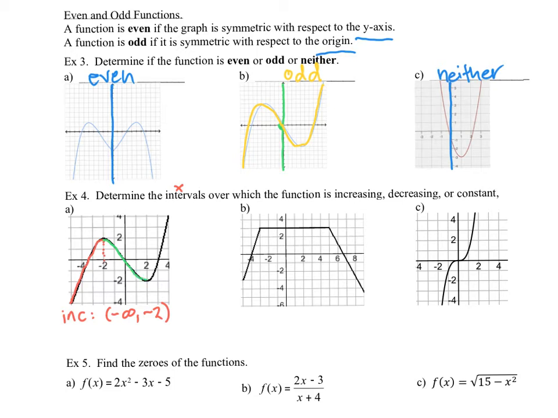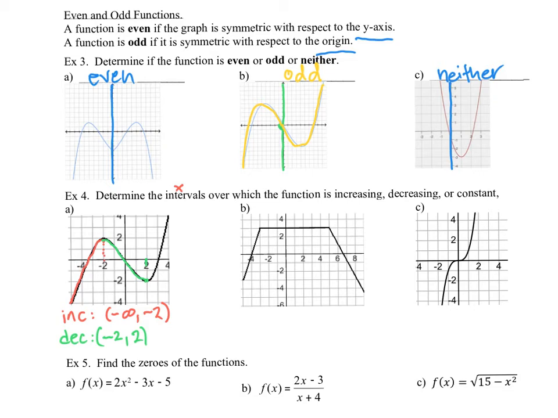They're decreasing until I get to this point right here. I'm going to use DEC for decreasing. So from x is -2 until x is 2, the graph was going downhill or it was decreasing. And I am using parentheses here because at -2 and 2, it's not strictly increasing or decreasing. It's a turning point or an inflection point.